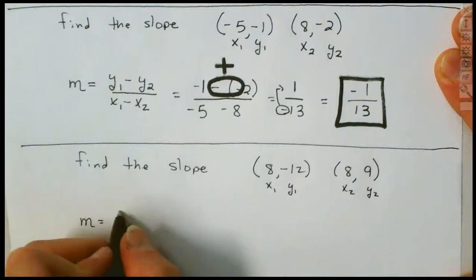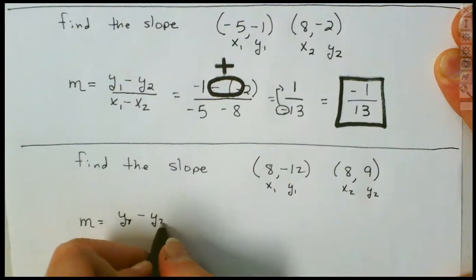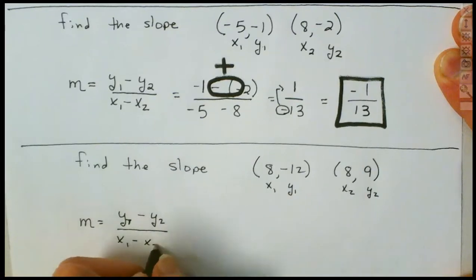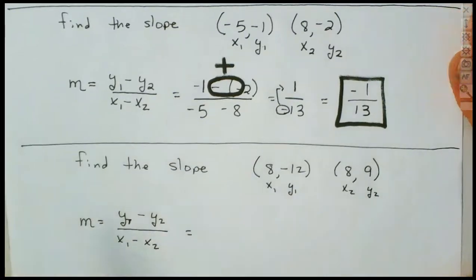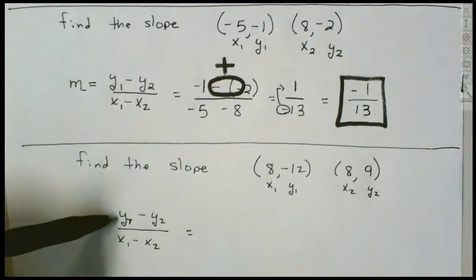Now I picked this one out to illustrate a specific point here. While we're copying this down, let's talk about division by 0. If the 0 is in the numerator of a fraction, the top half, then it's just 0, right? 0 divided by any number is 0.